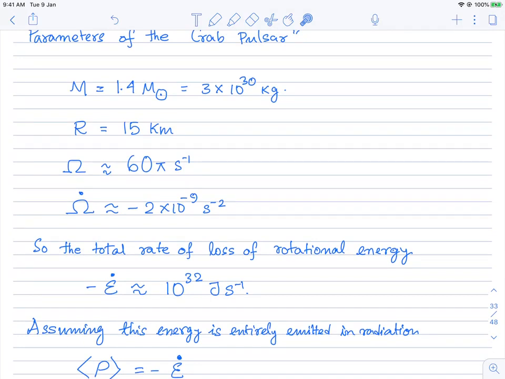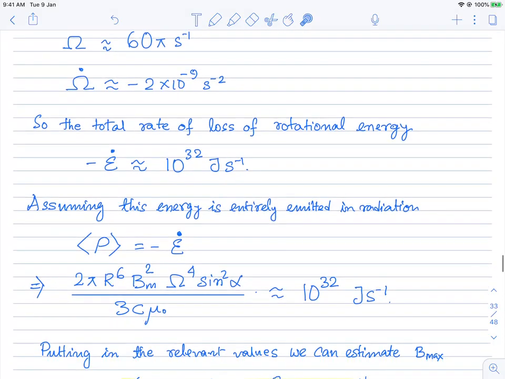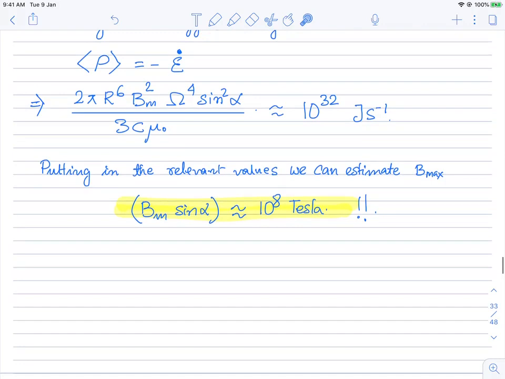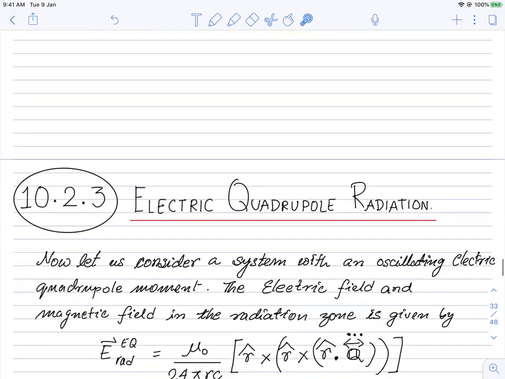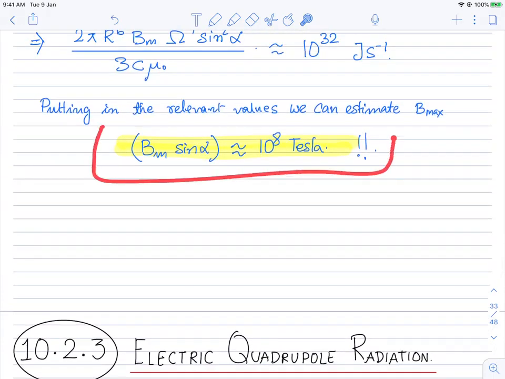Some power is being emitted, the mechanical rotation is slowing down, and if you just measure how the rotation rate is slowing down, you can obtain the magnitude of the magnetic field at the surface of these pulsars, and that happens to be very, very high. So some very exotic phenomena happen on the surface. There can be very interesting magnetohydrodynamic phenomena at the surface of these neutron stars.